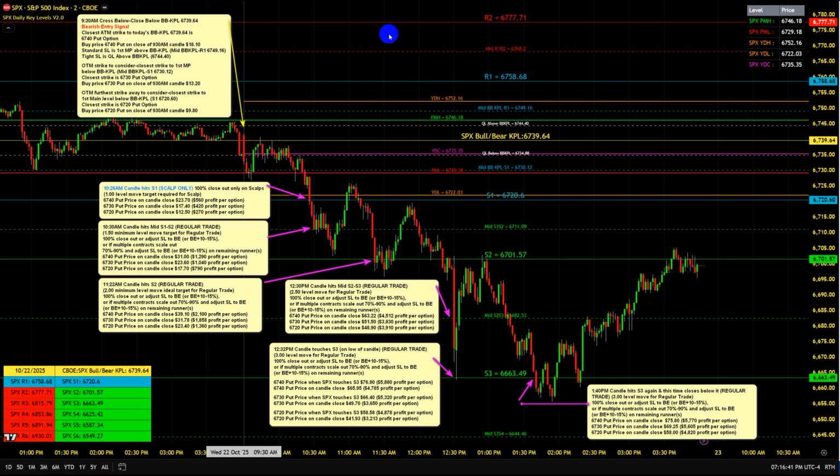And what that period of time allows you to do is to get used to using the indicator, get used to the process of recognizing the entry signals, placing your stop losses, managing your trades, and managing your adjustments on any stop losses, at any targets, or closing out your trades.